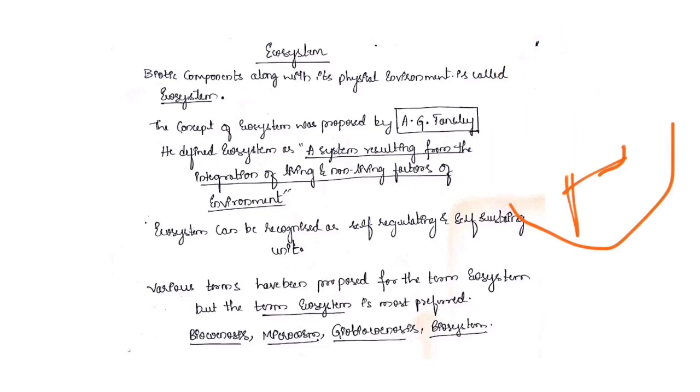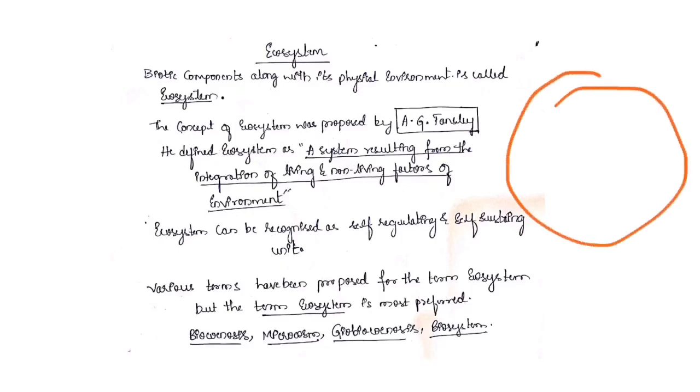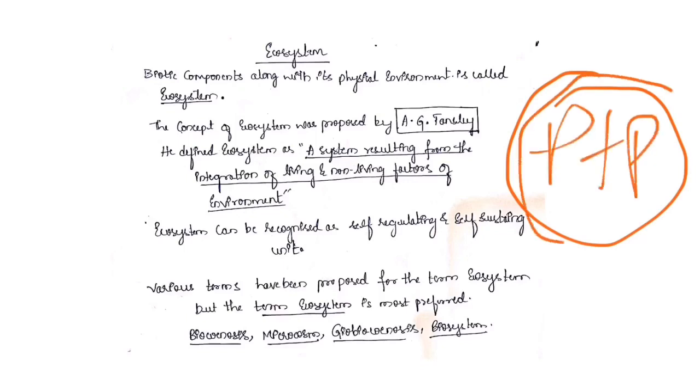The definition looks similar to that of ecology, but while defining ecology, the importance was given to the relation between the biotic and abiotic components. But while defining the ecosystem, we are giving importance to both biotic and abiotic factors, and how they interact together to perform as a single unit.